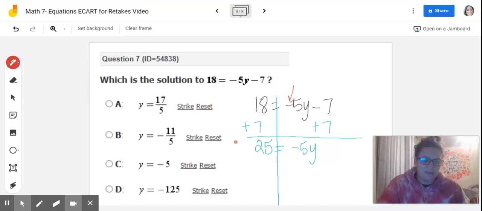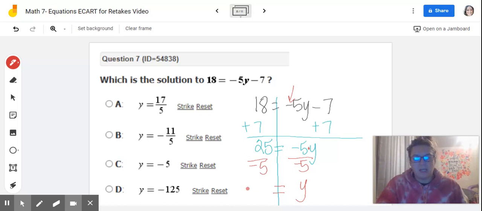Keep an eye out for minus and negatives all year long, okay? The opposite of multiplying by negative 5 is dividing by negative 5. So I'm going to do the opposite on both sides to undo this to get 1y on the right side and a negative 5 on the right side. Whoa, sorry. So that is C. And I can plug it in up here and do the math, and it would be right on my calculator.